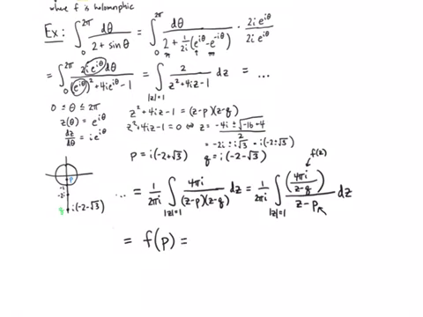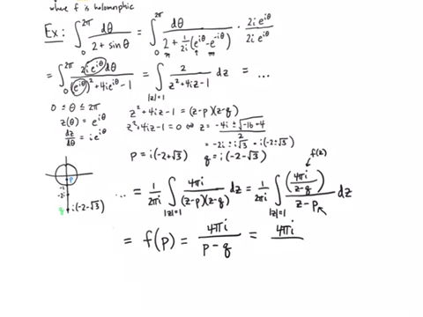Okay, and so what is that? That's 4 pi i over, so we're plugging p in, so we're going to get p minus q. And we look at our p and we look at our q, and we have a minus 2i in common, so that's going to cancel out when we subtract. And then what else is going to happen?